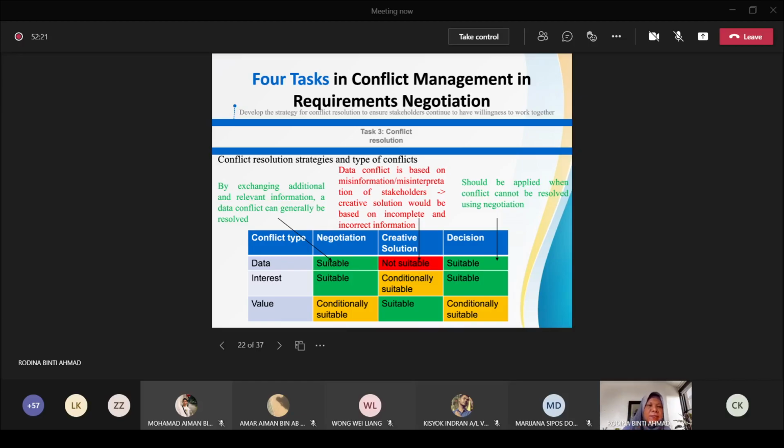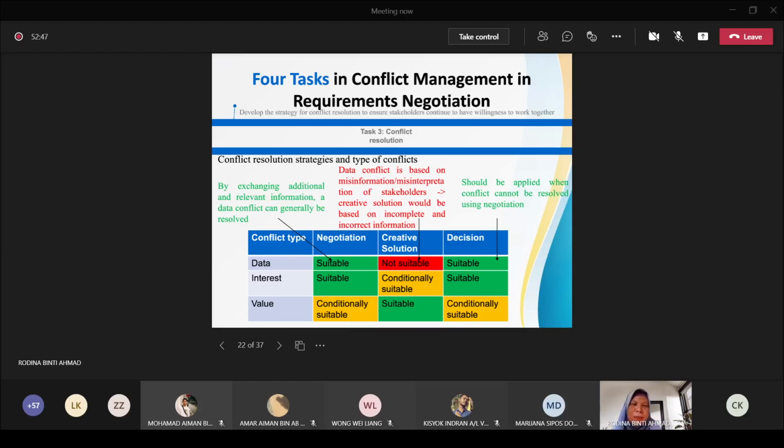But of course, in this lecture, we try to give you some hints, some tips, on how best to handle data conflicts, interest conflicts, and value conflicts using appropriate strategies like negotiation, and which one is the most suitable and which one is less suitable, and which one is maybe not so suitable for that kind of situation.